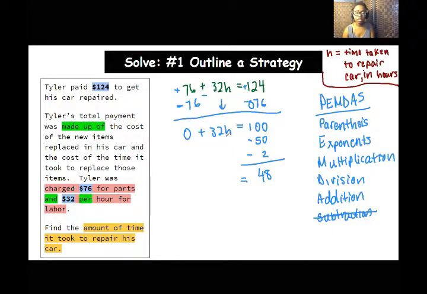We got 0 plus 32h, and that's just going to be 32h. So 32h equals 48. All right, that's our simplified equation, and that shows that we got one person out of the room that h is in. All right, so we were able to use subtraction to get that 76 out of the room.